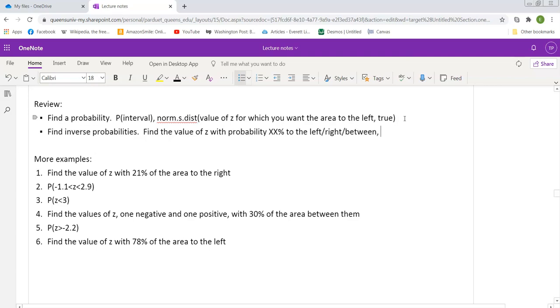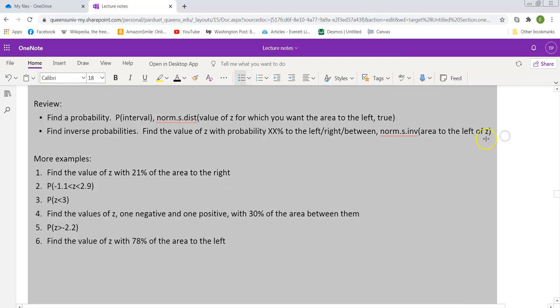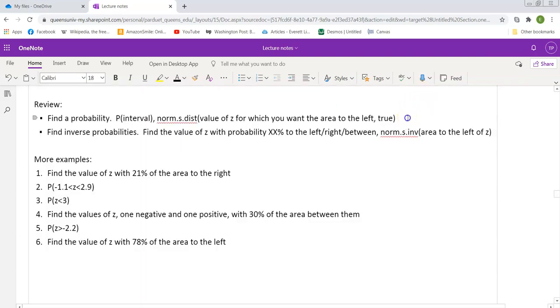Okay? And for those, you're using NORM.S.INV, and then you're telling it the area to the left of Z. Okay, always to the left. Within those, there was less than, greater than, and between, or to the left, to the right, and between. And I hope we've been clear about how to do that.